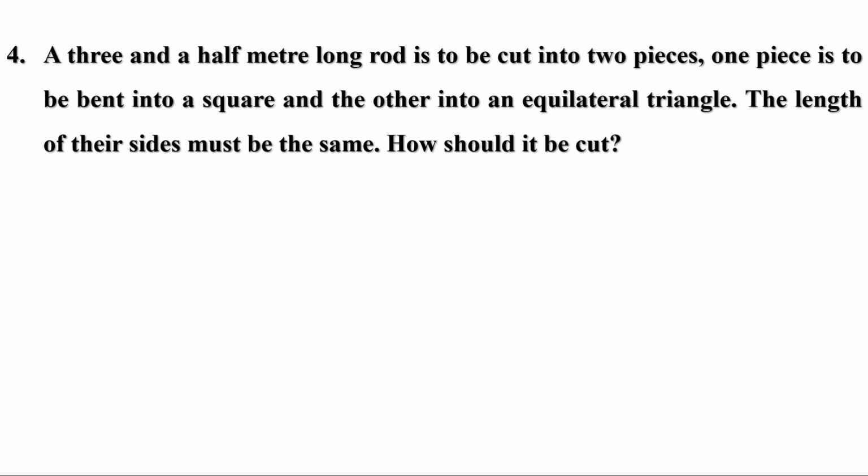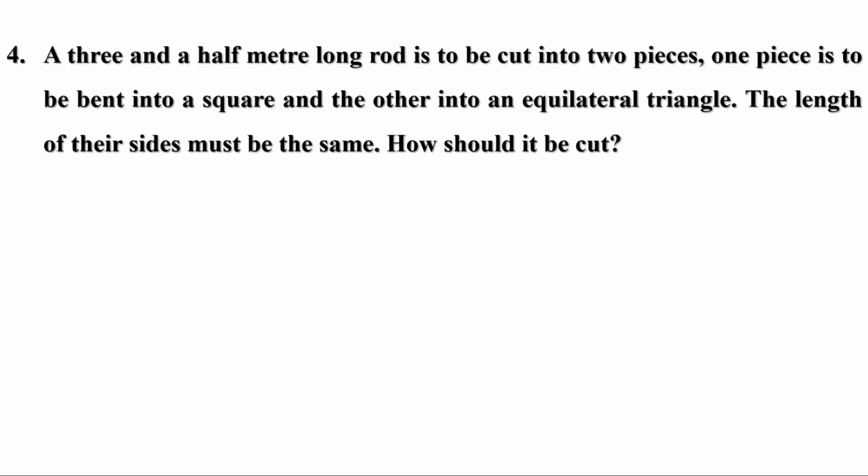There are 4 sides for a square and there are 3 sides for an equilateral triangle. So altogether there are 7 sides and the length of all these sides are equal. So to find the length of one side, let us divide 3.5 meters by 7. 2 times 3.5 is 7.